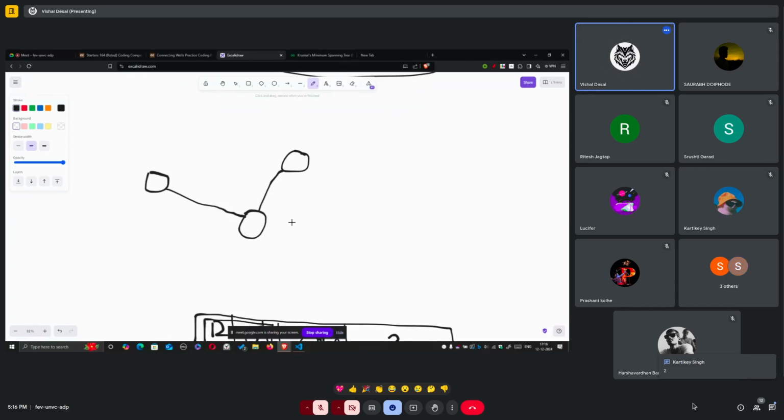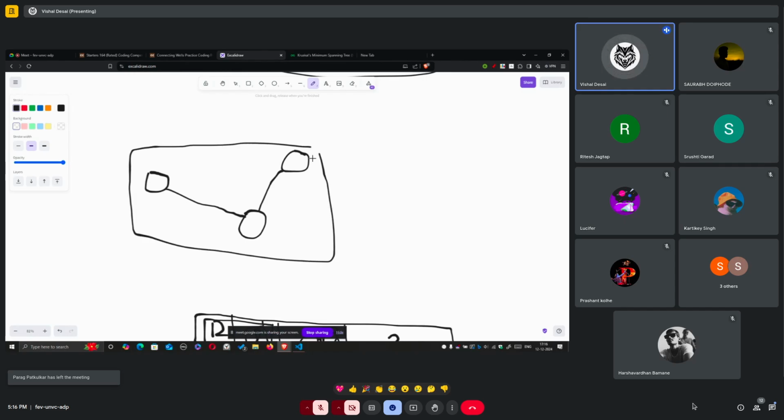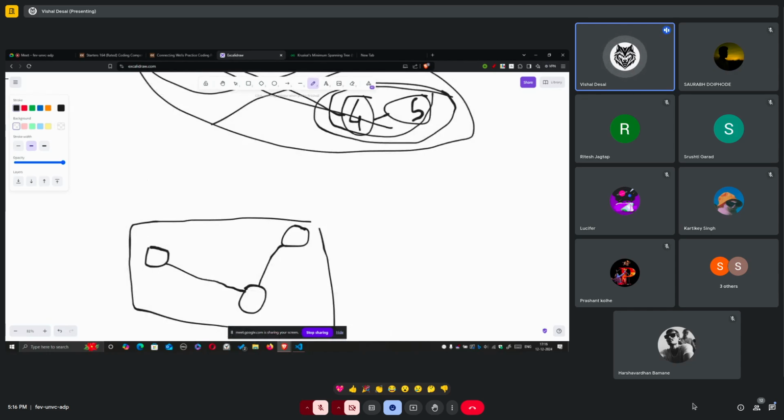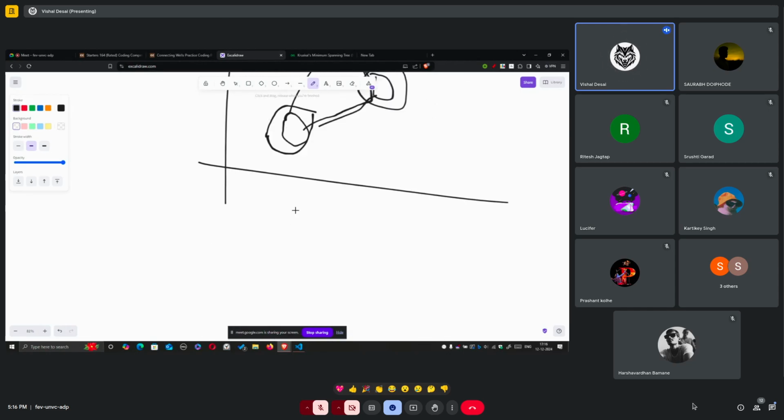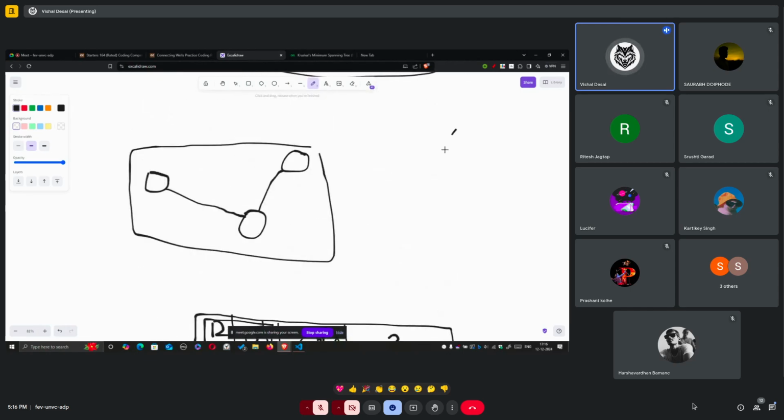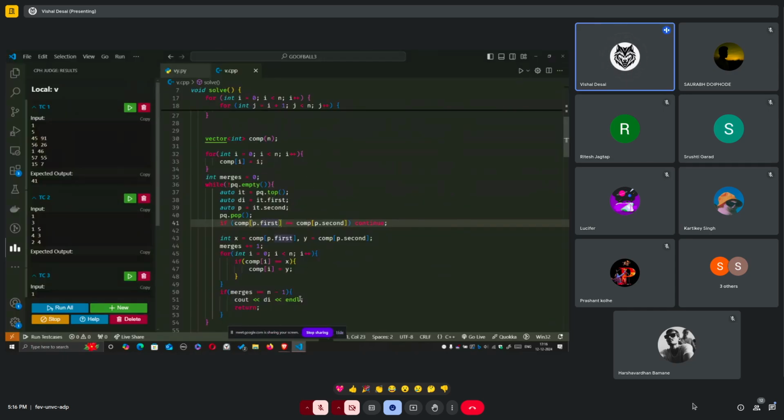So for 4 nodes, there should be at least 3 edges. Once we achieve n minus 1 merges, we will break the loop and print the answer.